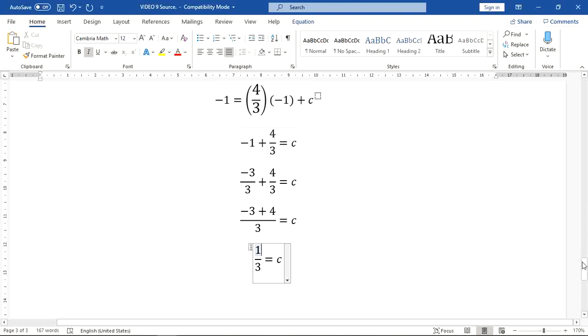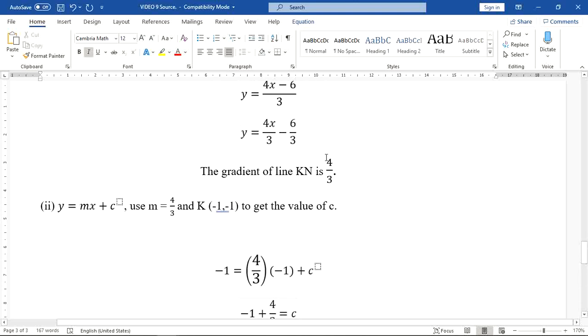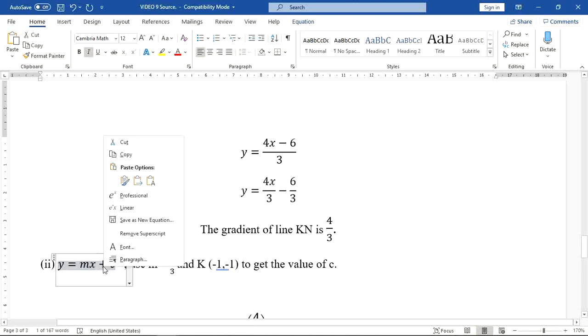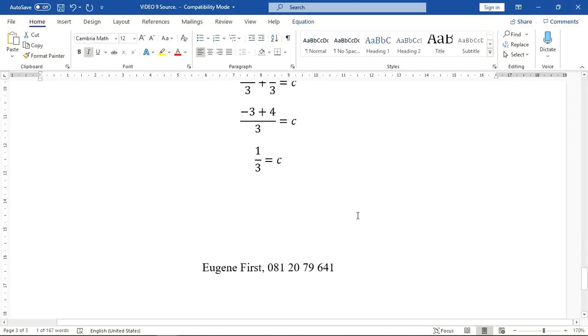So we have the constant C, we have the gradient, and remember, what are we looking for? We are looking for the equation of Kn. So what we need to do is to take the standard equation and substitute what we just found out now.